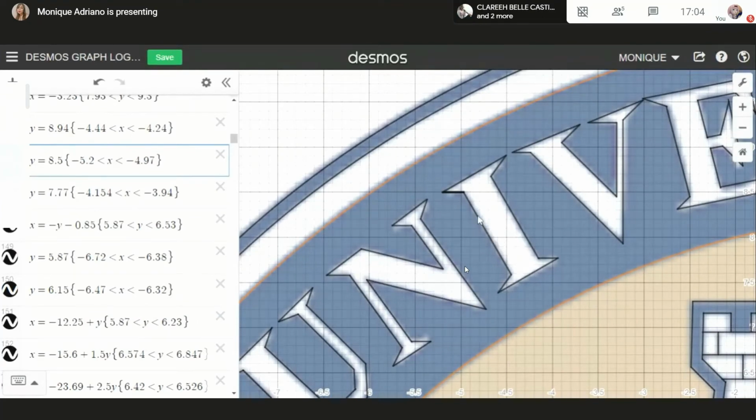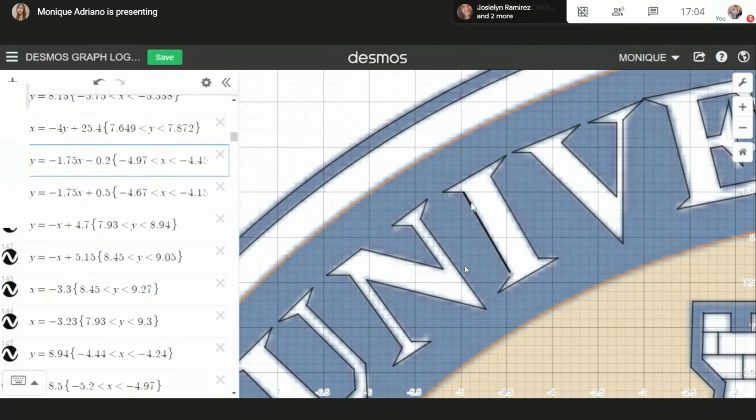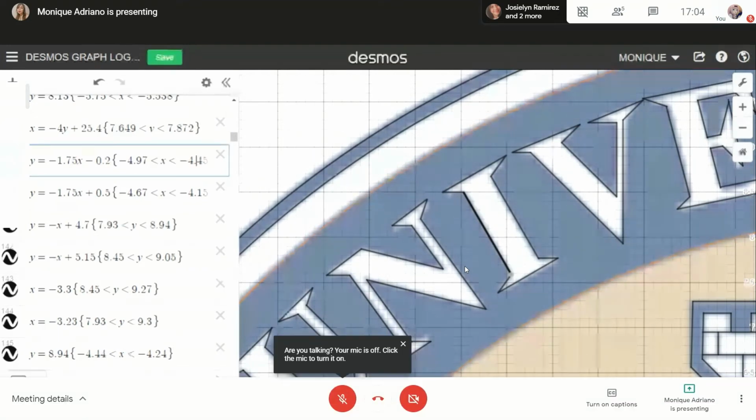While for the slanting position, y equals 8.5, inside the brackets x is greater than negative 5.2 but less than negative 4.97. The vertical part from the left side is y equals negative 1.75x minus 0.2, in the closing brackets negative 4.97 is less than x, but x is less than negative 4.45.